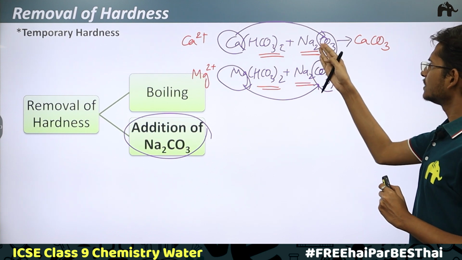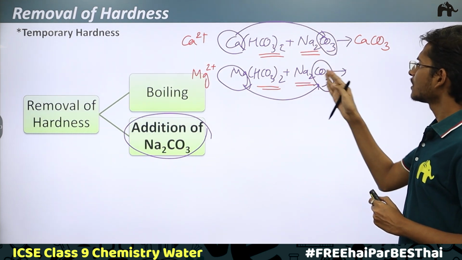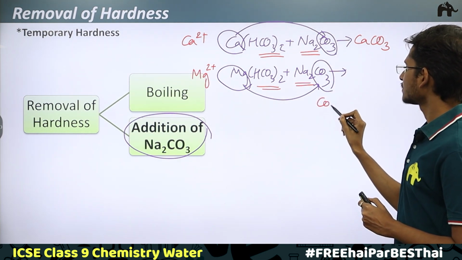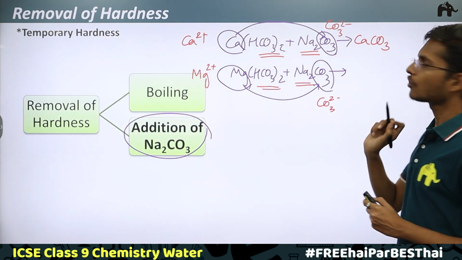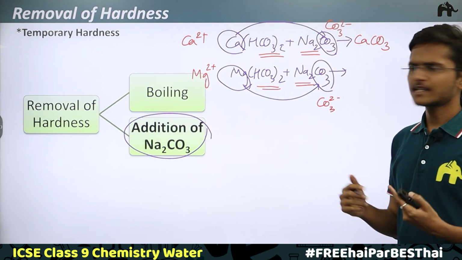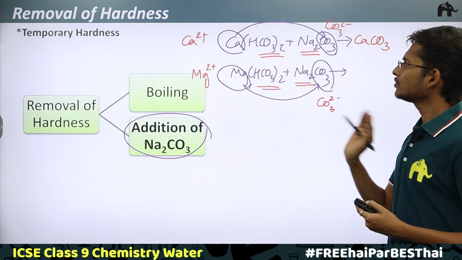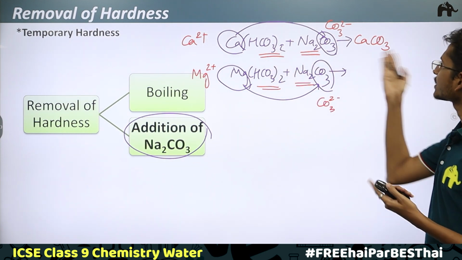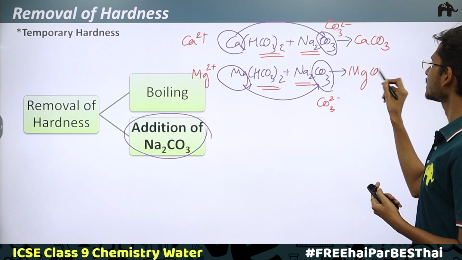You would also figure out that carbonate has 2 minus charge in both of them, and sodium has 1 plus charge. So calcium 2 plus and carbonate 2 minus combine to form calcium carbonate. Magnesium 2 plus and carbonate 2 minus combine to form magnesium carbonate.